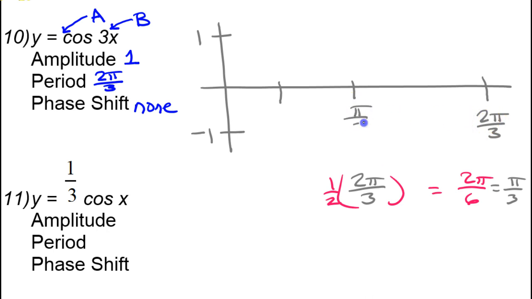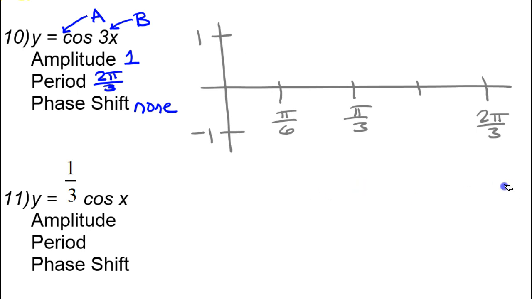All right, now I need to take that and cut it in half. Half of pi over 3 is pi over 6. Now, what will be halfway between these two? You can think of it this way. This is 1 pi over 6. This is 2 pi over 6. This will be 3 pi over 6.